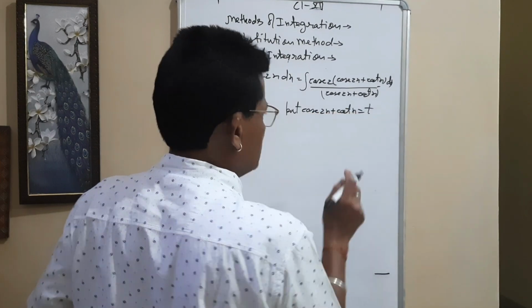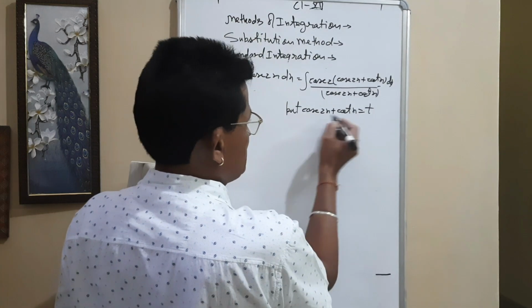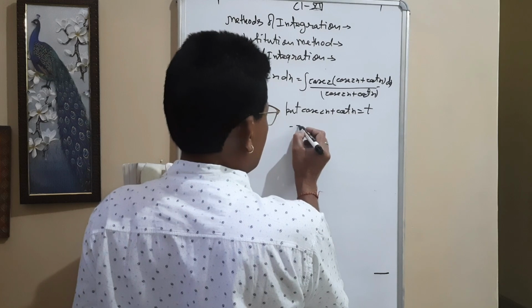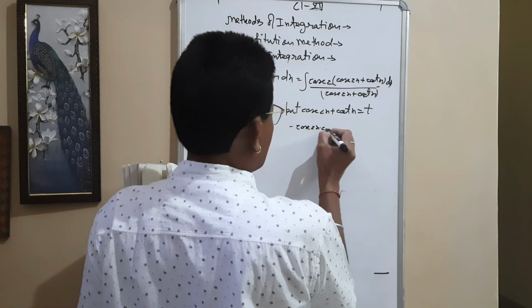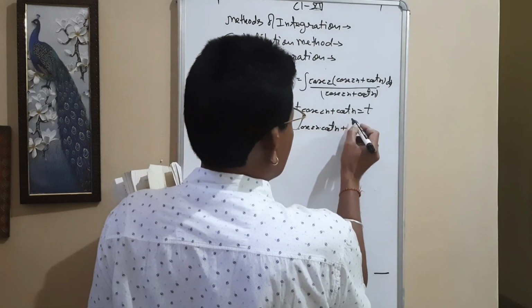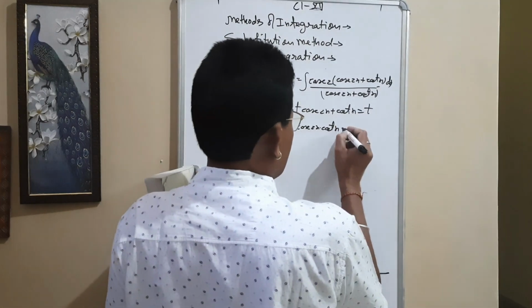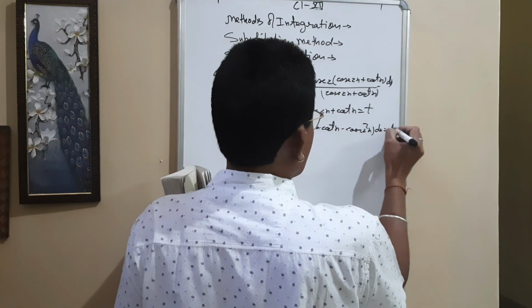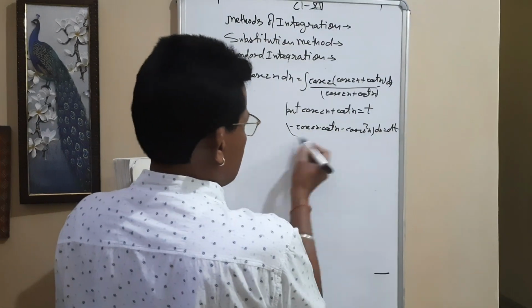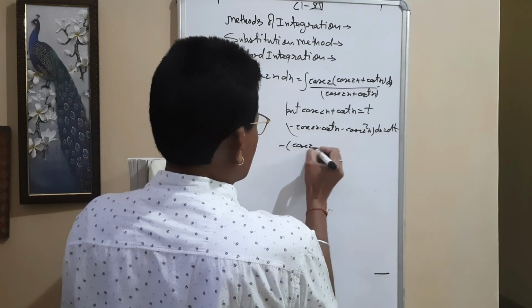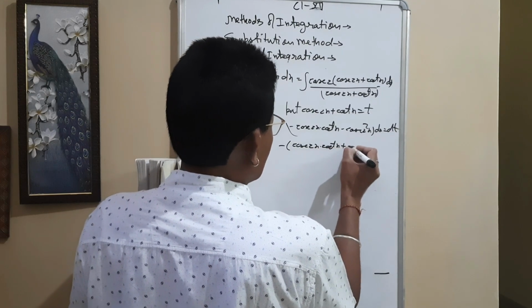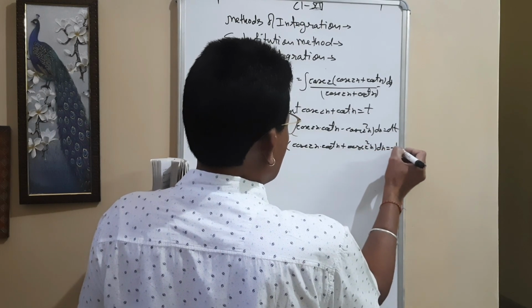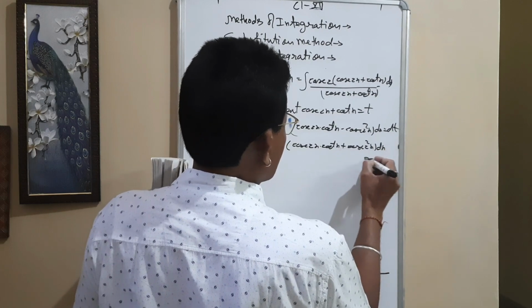My dear student, it is a little lengthy, but try to understand. Differentiating on both sides, the differentiation of cosec x is minus cosec x into cot x, plus the differentiation of cot x, which is negative, minus cosec square x, and dx equals dt. Now let me take the negative sign common: cosec x into cot x plus cosec square x dx equals minus dt.